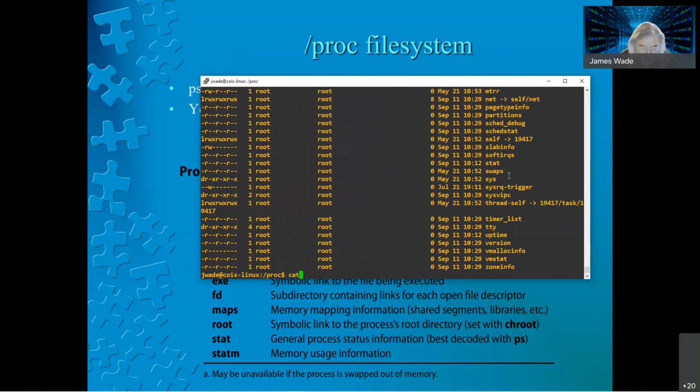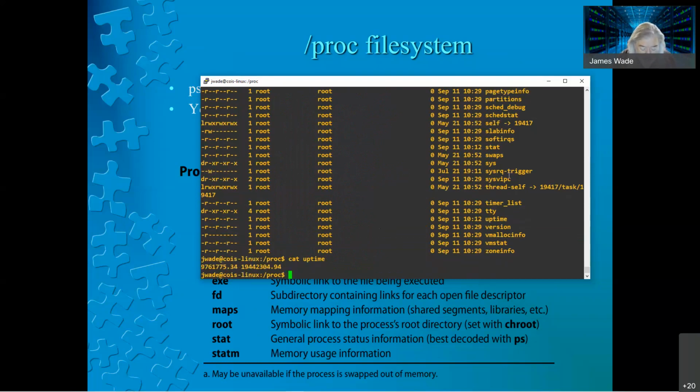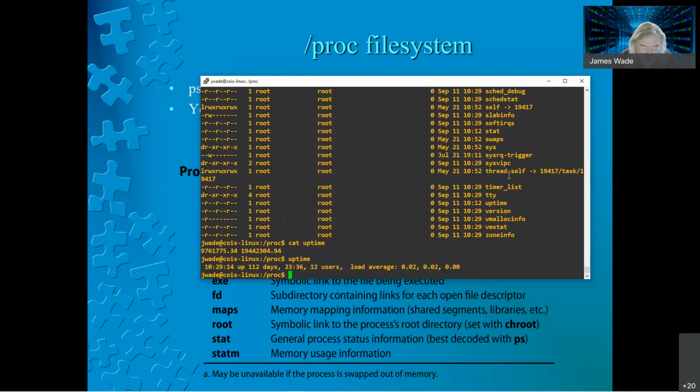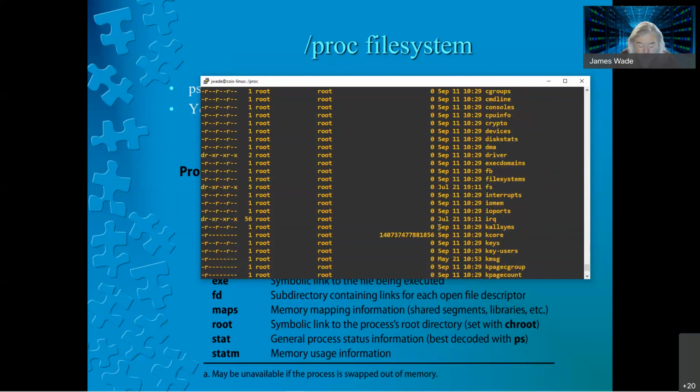Watch this. Cat uptime. Ooh, I can't read that. Well, when you type uptime, where do you think it's getting it from? It's getting this information from here. Some files you can't read, some you can. We don't really go through here and cat all this because there's an associated command that all this is for, the kernel to store information.